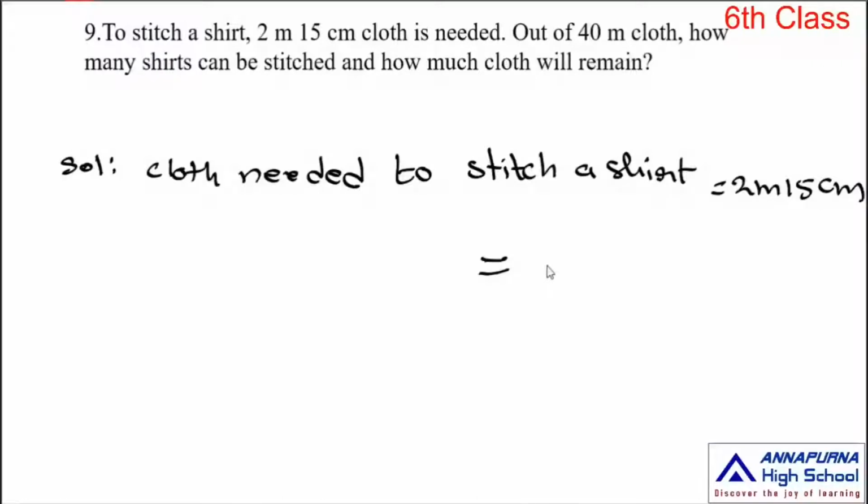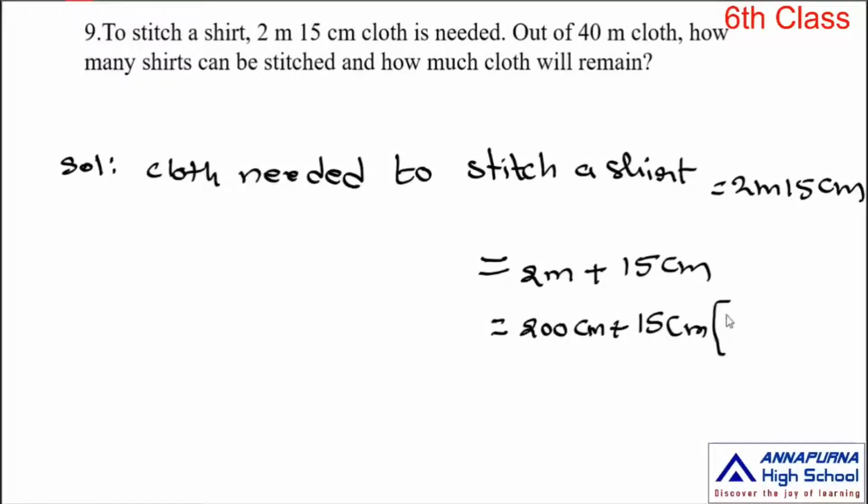2 meters and 15 centimeters can be written as 2 meters plus 15 centimeters. 2 meters is equal to 2 into 100 centimeters, 200 centimeters, plus 15 centimeters, since 1 meter is equal to 100 centimeters.